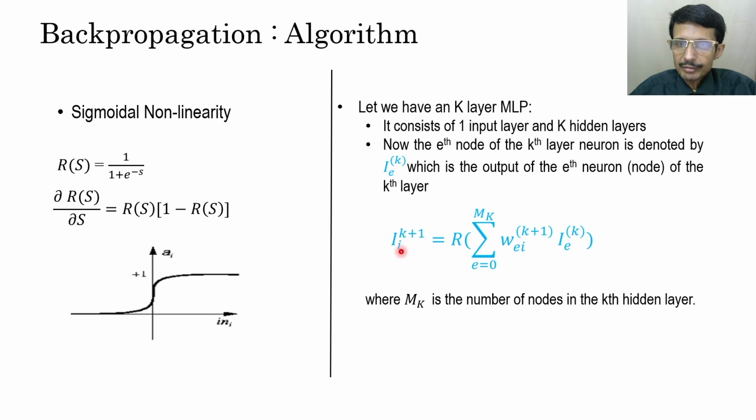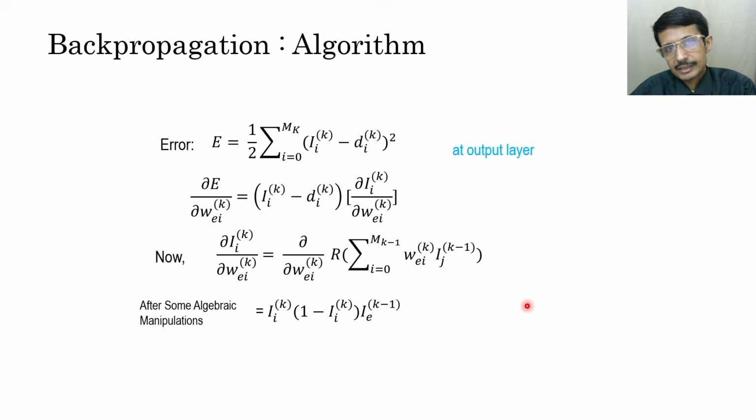And O of k plus 1 is the sigmoidal nonlinearity over the summation from 0 to m_k of W_ei times O_ik, where m_k is the number of nodes. So this is the basic notation.